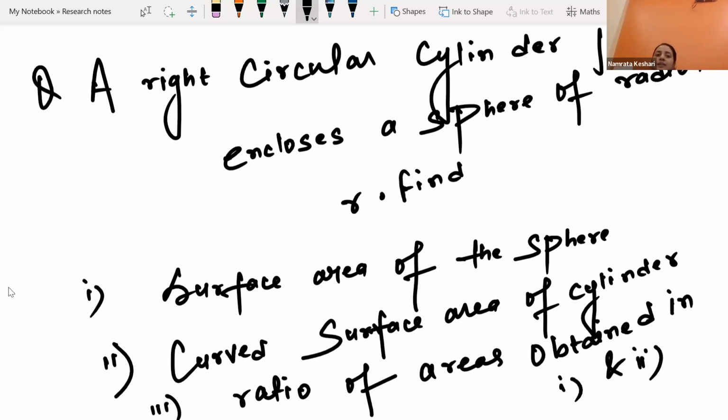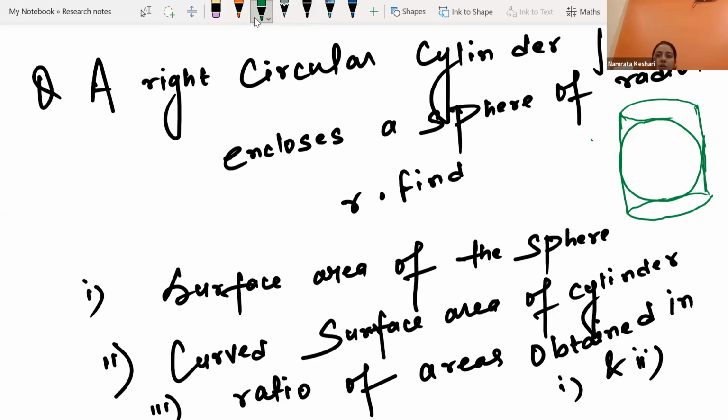So a right circular cylinder we are having just encloses a sphere. The figure is given like this. We have learned cylinder also over here.